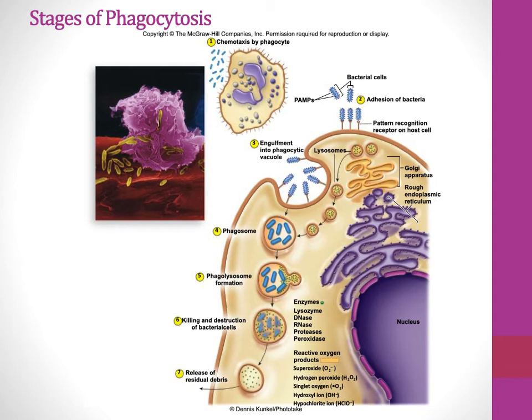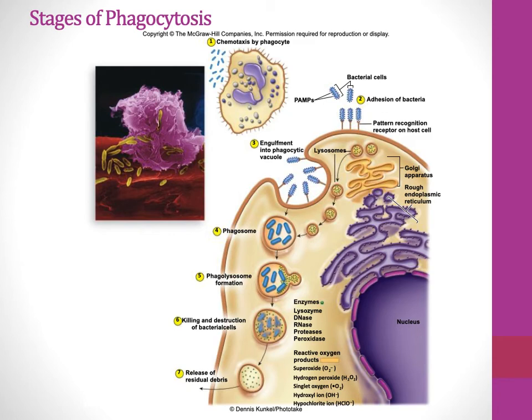Okay, so we have our pattern recognition receptors. That is going to lead to engulfment, so that the pathogen is enclosed into a vesicle. So you can see in step 4 how we have our phagosome. That phagosome is going to bind with the lysosome that has the digestive enzymes. So that's going to form the phagolysosome.